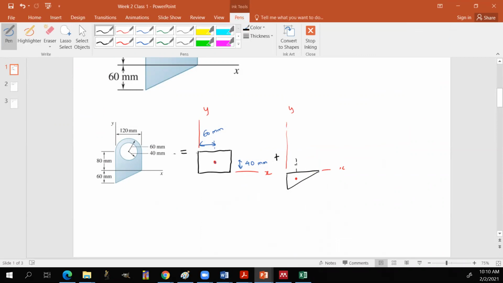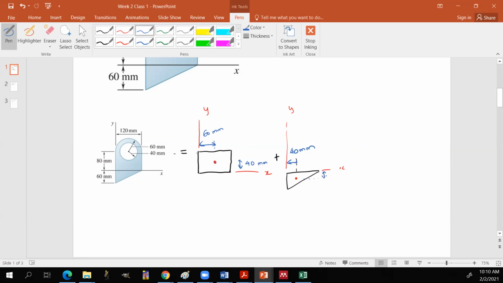And again, guys, we're buzzing through this. If you have any questions, let me know. So this is going to be equal to 120 divided by 3, so 40 millimeters. And you do the exact same thing for this dimension as well, so 60 divided by 3, which is equal to 20 millimeters.